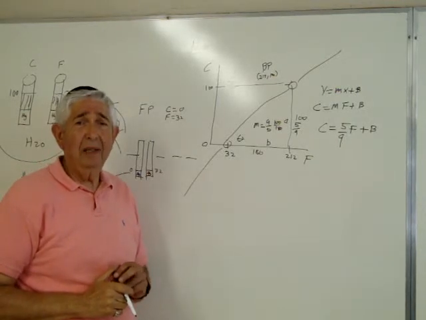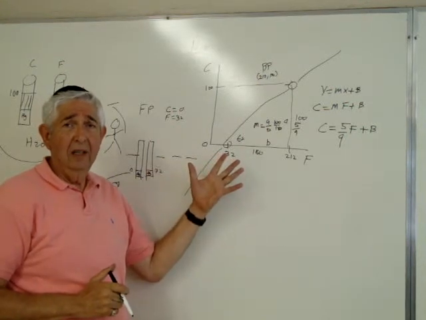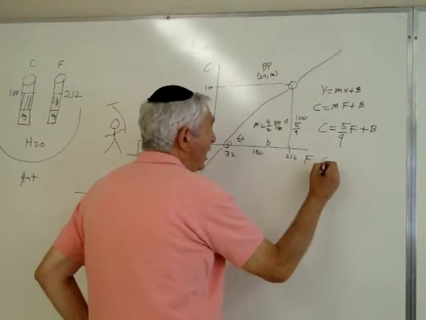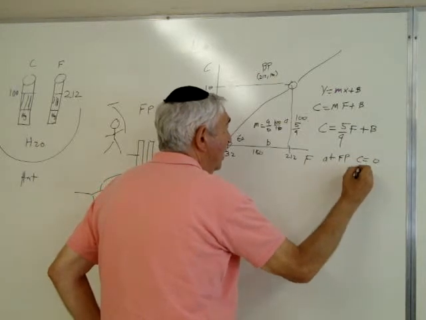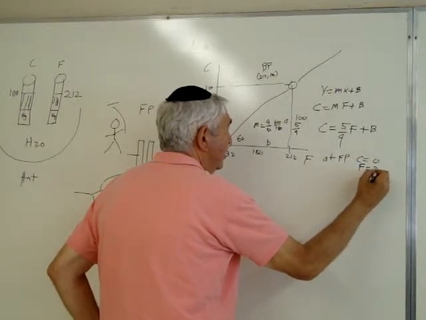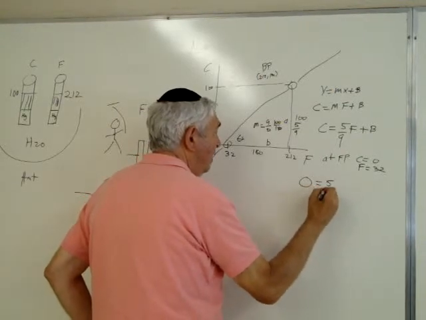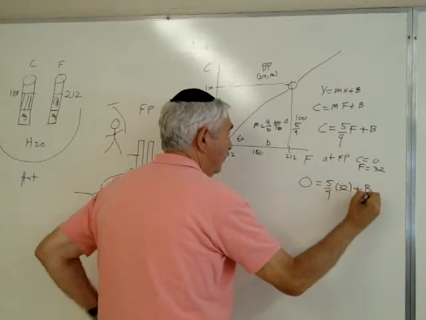How will I find b? These 2 points have to be on the straight line. Okay, so I'm going to pick the freezing point. At the freezing point, C equals 0, F equals 32. So this equation becomes 0 equals 5/9 times 32 plus b.